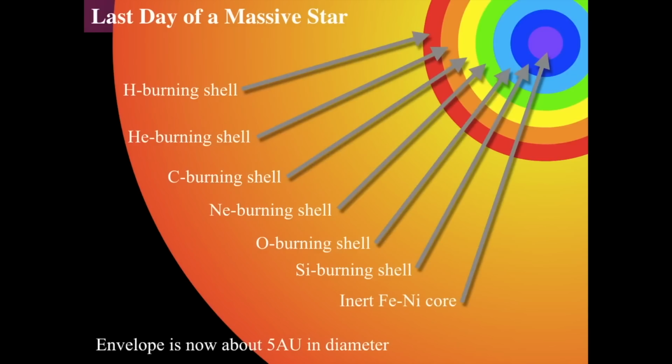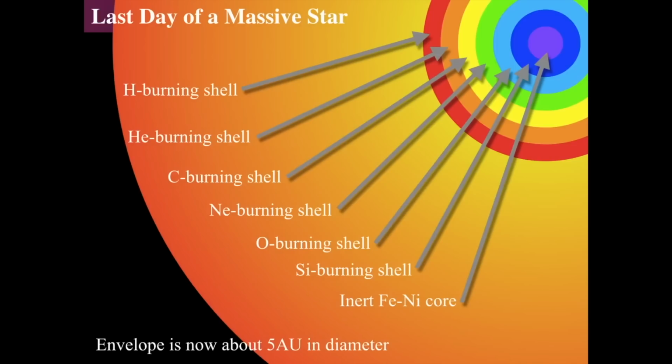At the end of this day, there's all of this shell burning, and burning again means fusion: hydrogen fusion, helium fusion, carbon, neon, oxygen, silicon, all the way down into the core. The exterior of the star is now extraordinarily massive. It's a red supergiant or a red giant or maybe even a blue supergiant, but it's definitely a supergiant star.